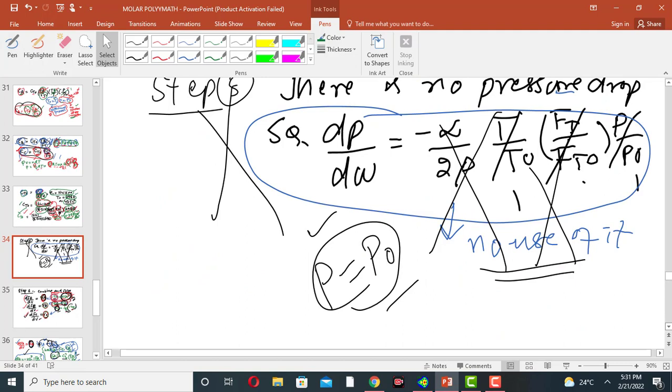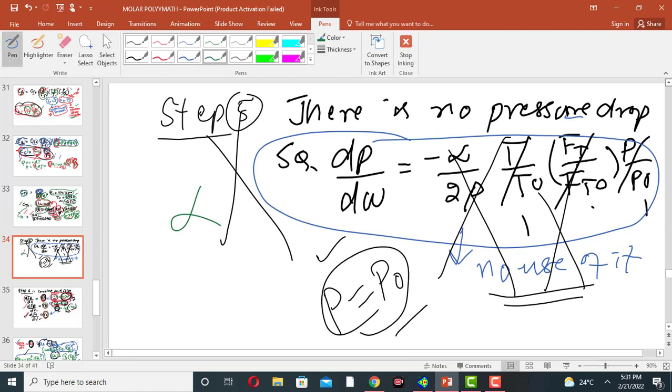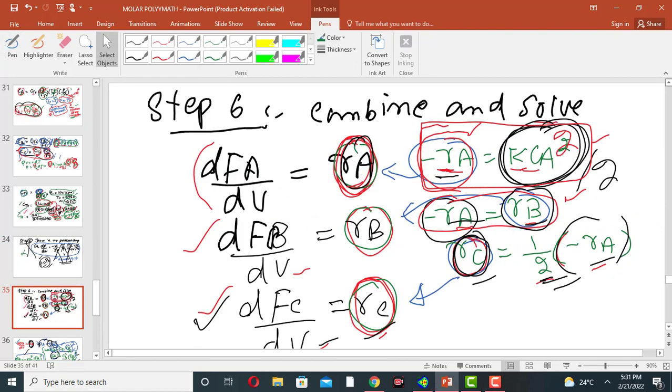We ignore step number 5 because there was no pressure drop in the microreactor. In step number 6, we combine the mole balance with the rate law.